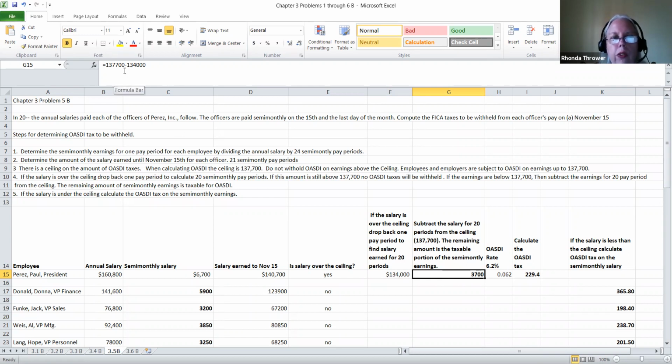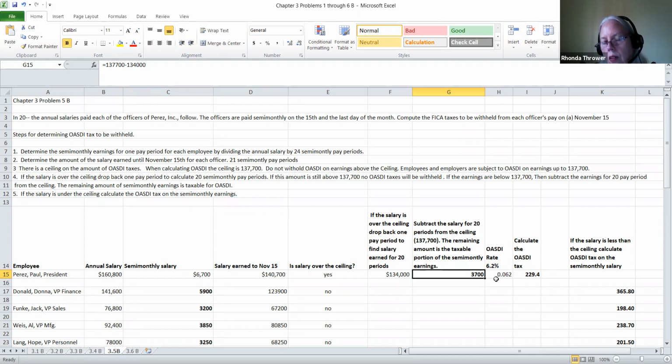So 137,700, our ceiling, we're going to subtract out the amount of the wages earned at 20 pay periods, which was 134,000, and that's going to leave us with 3,700 that is taxable toward OASDI.